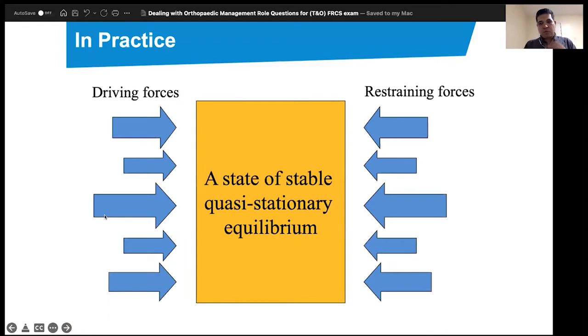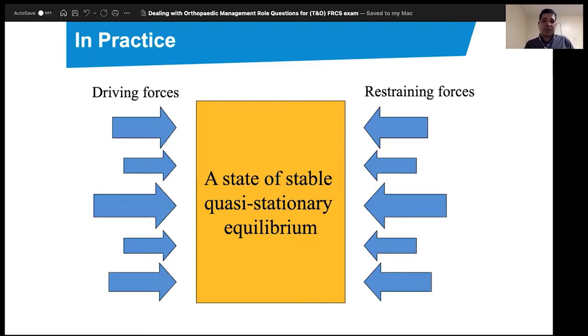Okay, so you found that something in your unit needs to be changed, but there are always restraining forces. There are people who don't like or will resist any attempt at change. So the driving force is coming from you. You want to make a change in your unit, and there are others who are happy with that.